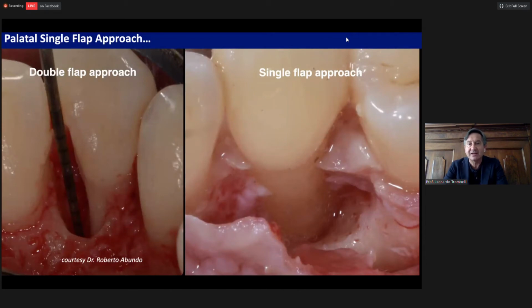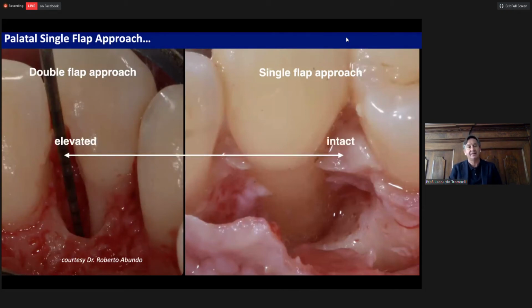And again, you can clearly see that the only difference between these two approaches is that in one case, the papilla was elevated by means of a minimally invasive procedure and a simplified papilla preservation technique, whereas in the case that I've dealt with, I left the complete integrity of the papilla. But the result in terms of surgical access to the lesion and to the exposed and contaminated root surface is exactly the same.